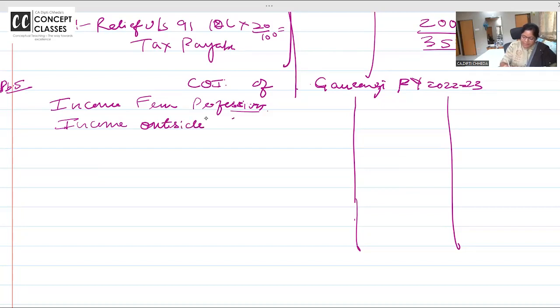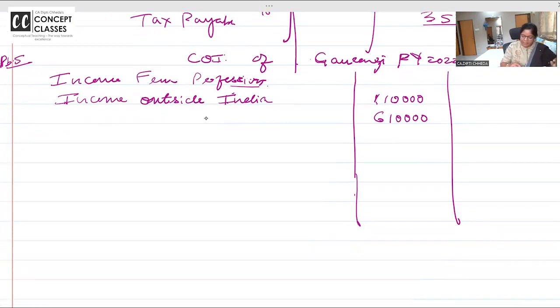Income outside India is 1,10,000. And how much income has she earned in India? 6,10,000, through drama and all.